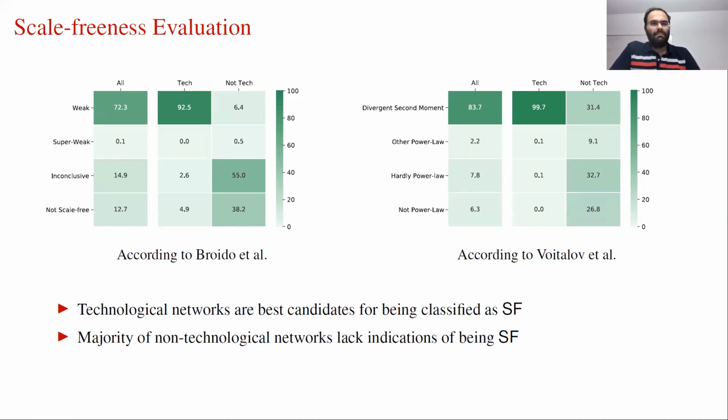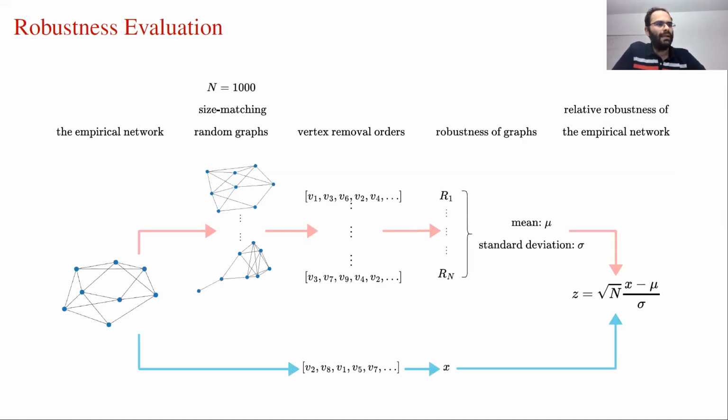Now, besides having a measure of evaluating scale freeness, we also need to evaluate relative robustness of the networks in our collection. And I'm going to explain with an example how we do this. So if we have an empirical network, we would generate 1,000 size matching random graphs.